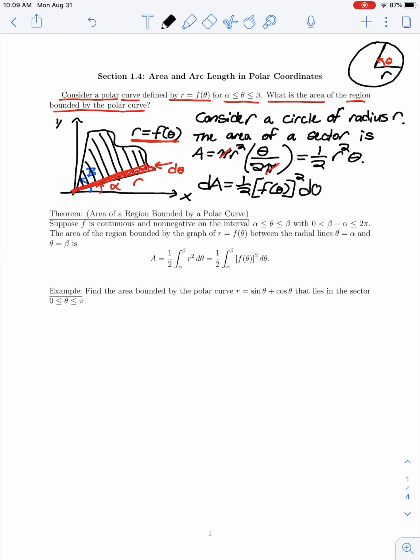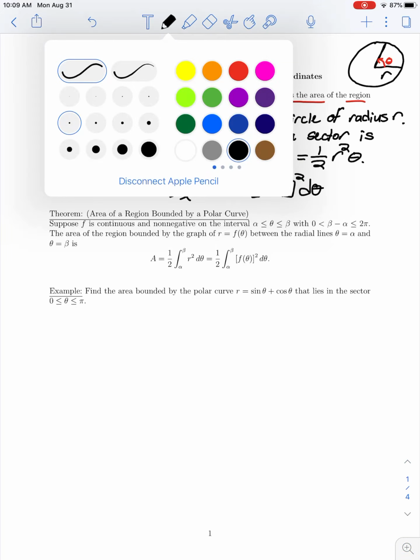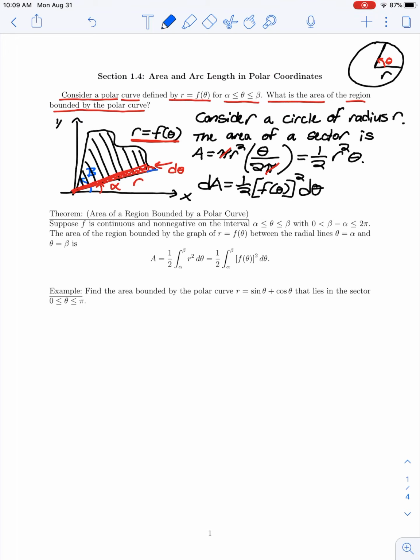So we would multiply by our d theta, and then to get the total area of that region, I would integrate this expression with respect to theta over the theta interval that defines my region, starting at theta equals alpha up until theta equals beta. I'm going to add up all of these little slivers, and I'll get the total area of that region of interest.